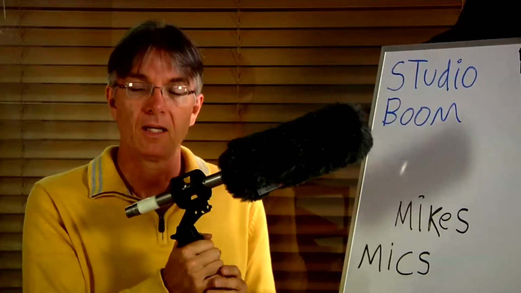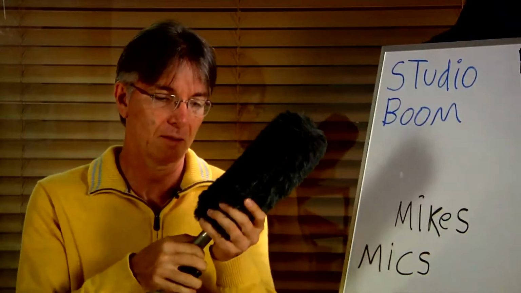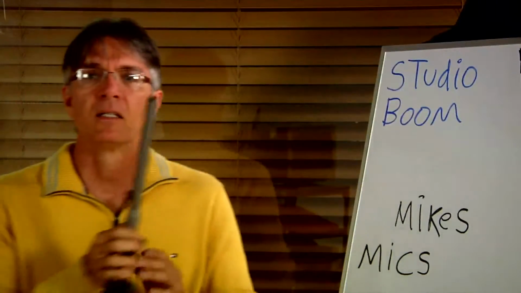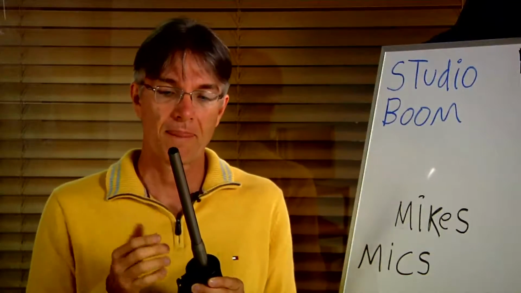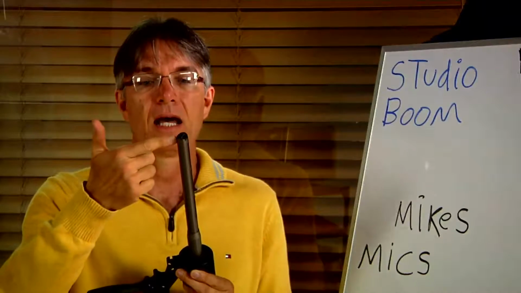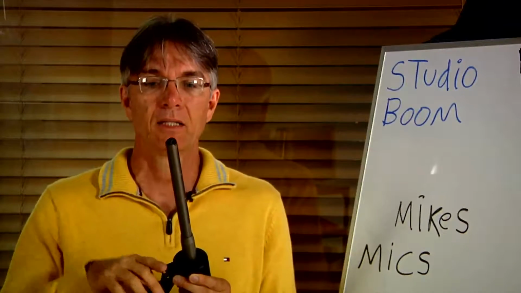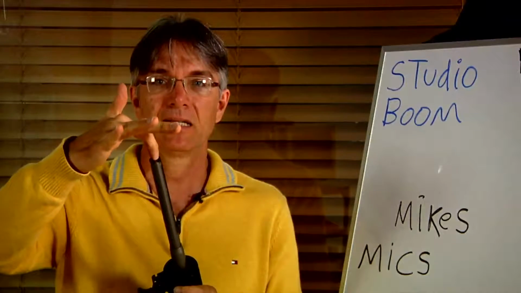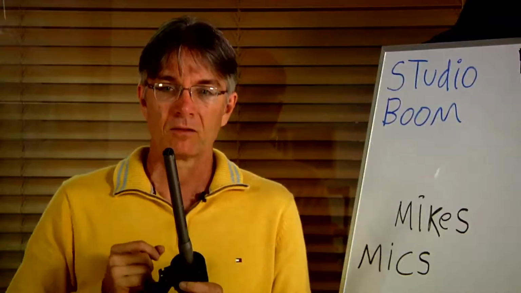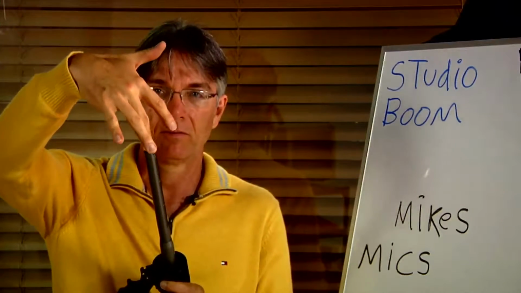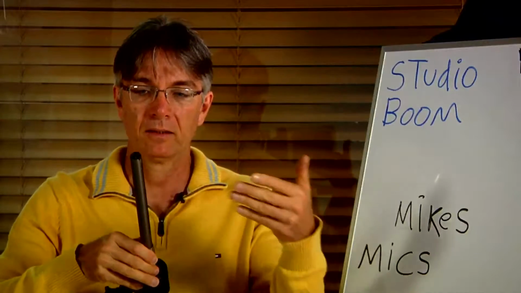It has a long barrel, like a shotgun, and it has a line of holes to the right and a line of holes to the left. So it picks up sound from the front, from the left, and from the right.